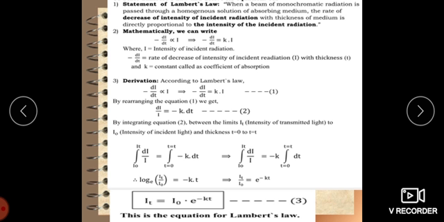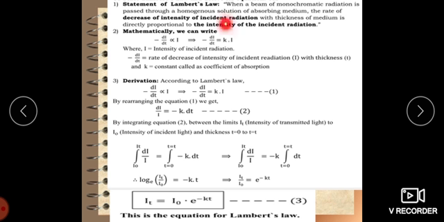Mathematically we can write the rate of decrease of intensity, that is minus dI by dt, proportional to the intensity of incident radiation I.